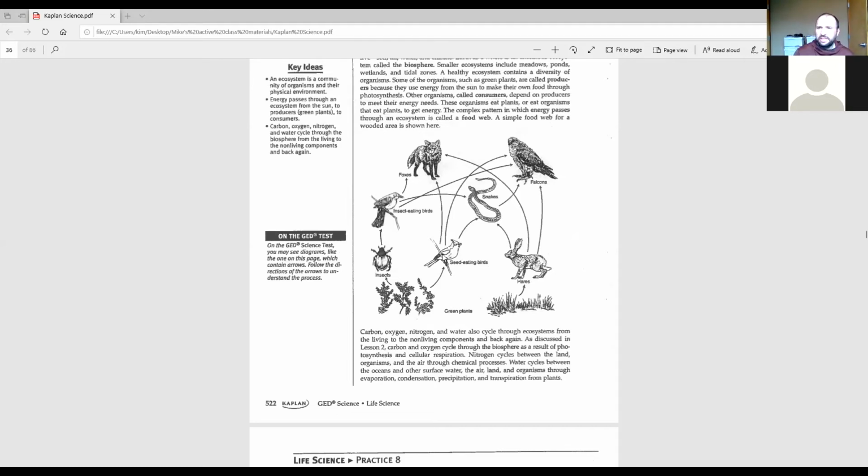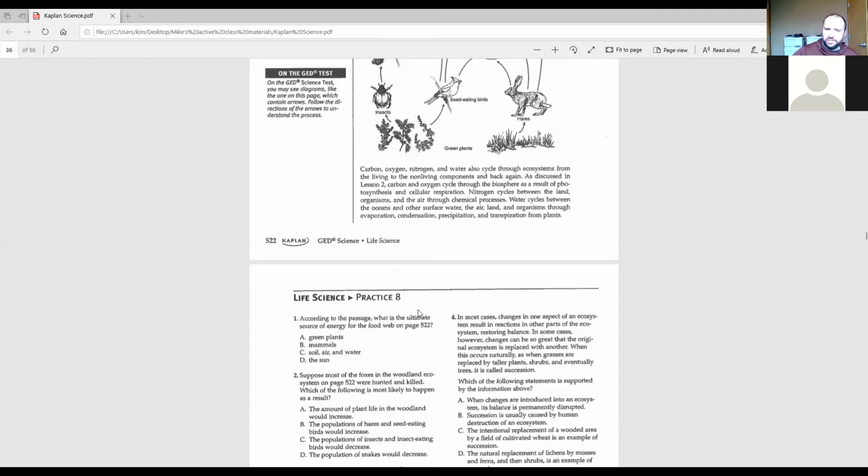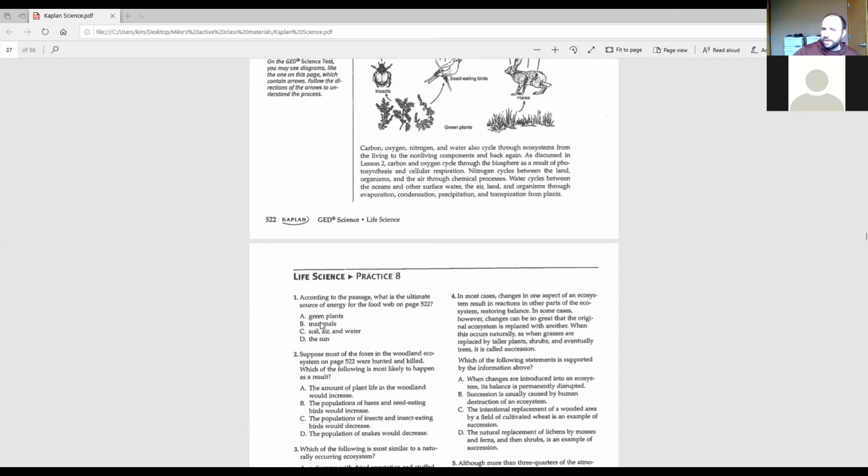But ultimately, for those of you that remember from yesterday, and if you weren't here yesterday, that's okay, where does the energy in this cycle really come from? The green plants produce their own energy. So if you were looking at it literally, the answer might be green plants, because they're at the bottom of the food chain.